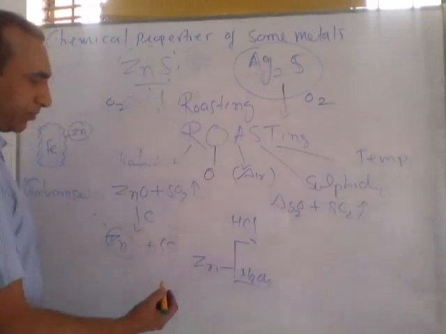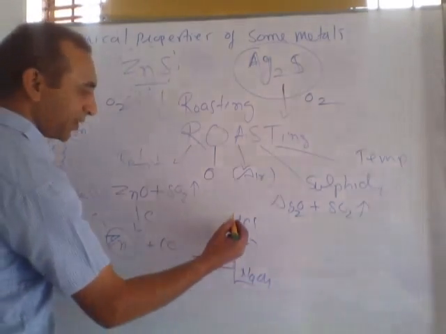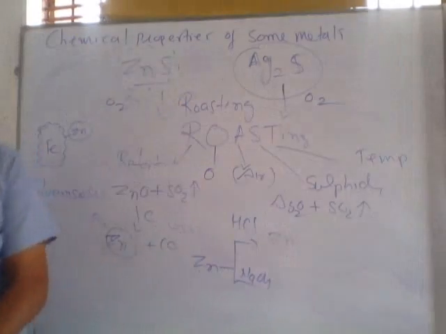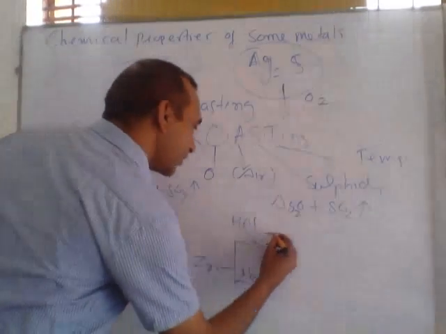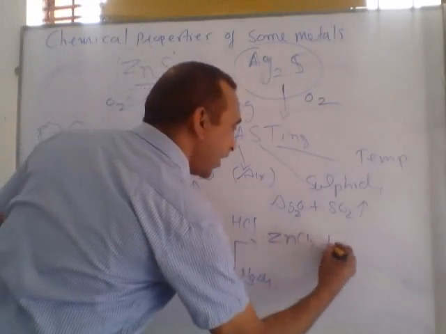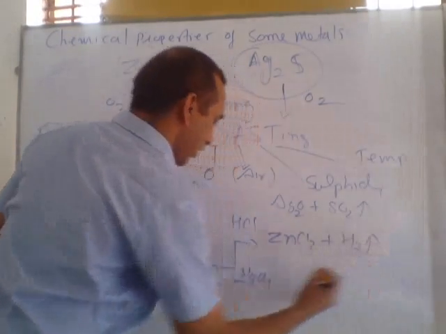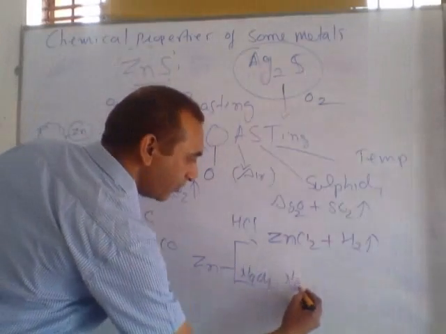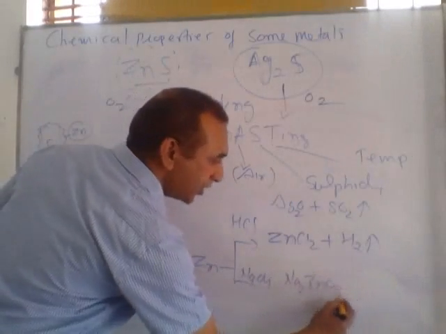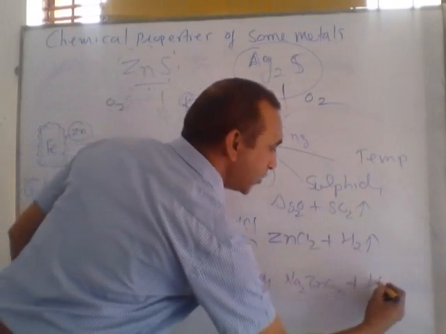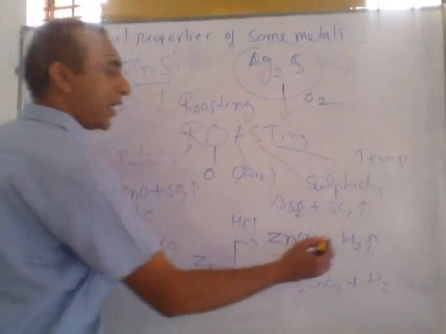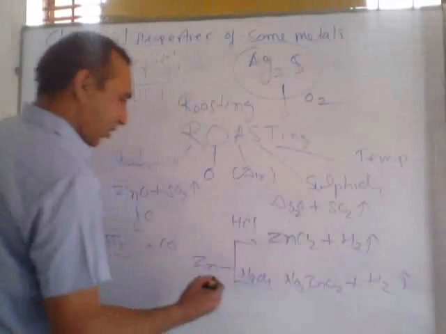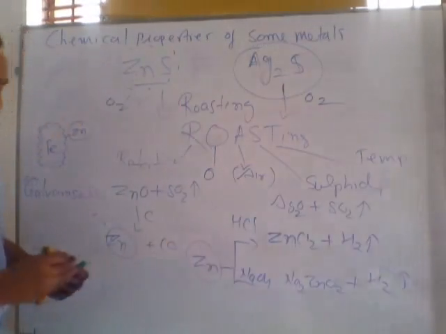Zinc is an amphoteric metal because zinc can react with acid, forming zinc chloride along with hydrogen gas. Zinc also reacts with sodium hydroxide, forming Na2ZnO2, which is called sodium zincate, along with H2 gas. In both cases, hydrogen gas is liberated. This gas burns with a pop sound. So this is the amphoteric nature of metal.